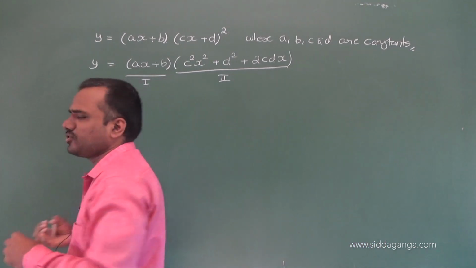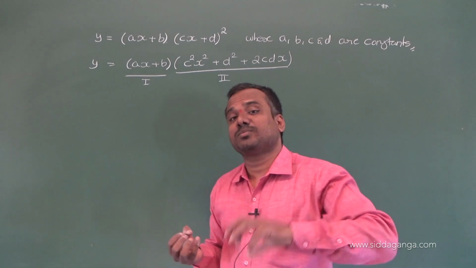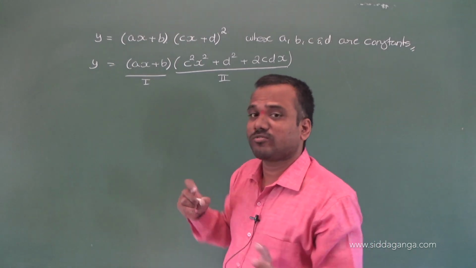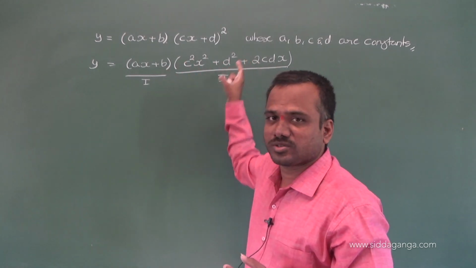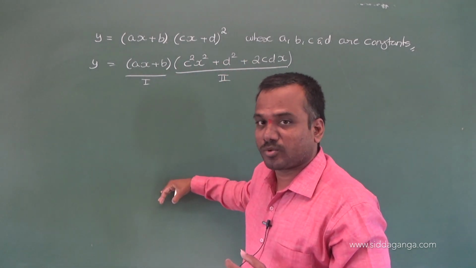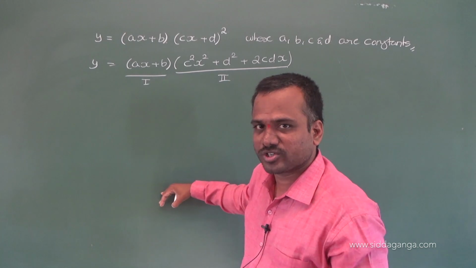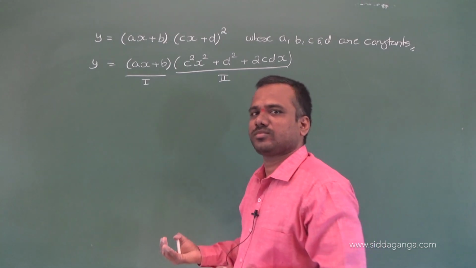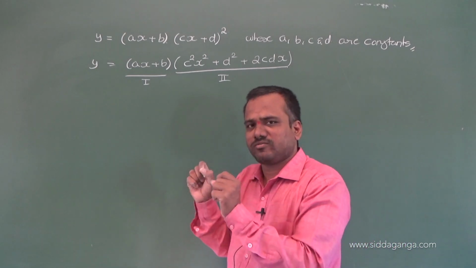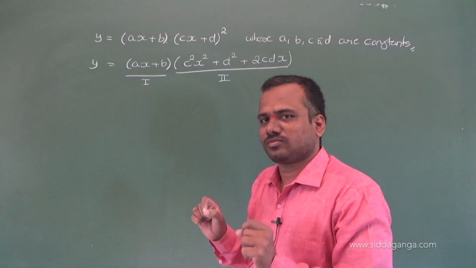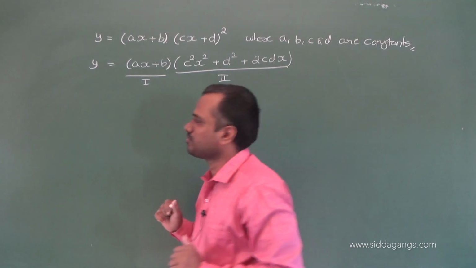If you don't know the concept of the product rule, then what do we do? You multiply ax to these terms and b to this term. Then we get a polynomial expression, a polynomial function, then we differentiate. In this method also we can do it, but since we know the product rule very well, we apply the product rule.